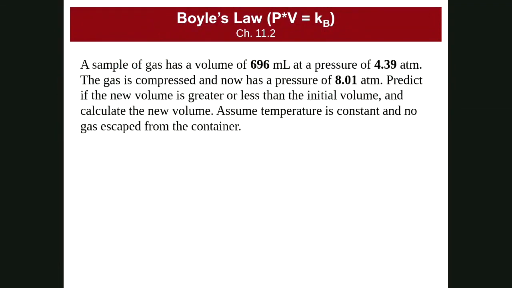So let's use that. We have a sample of gas with a volume of 696 milliliters at a pressure of 4.39 atmospheres. So I'm going to call that volume 1 is 696 milliliters, and pressure 1 is 4.39 atmospheres. All right, let's keep reading.